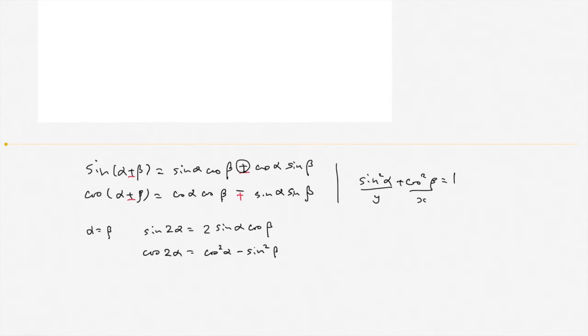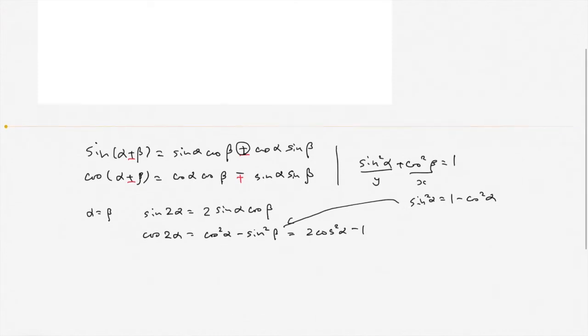So from these equations, sine square alpha equals 1 minus cosine square alpha. If you substitute these equations here, it becomes 2 cosine square alpha minus 1. Okay, so these are the double angle formulas, very useful equations.